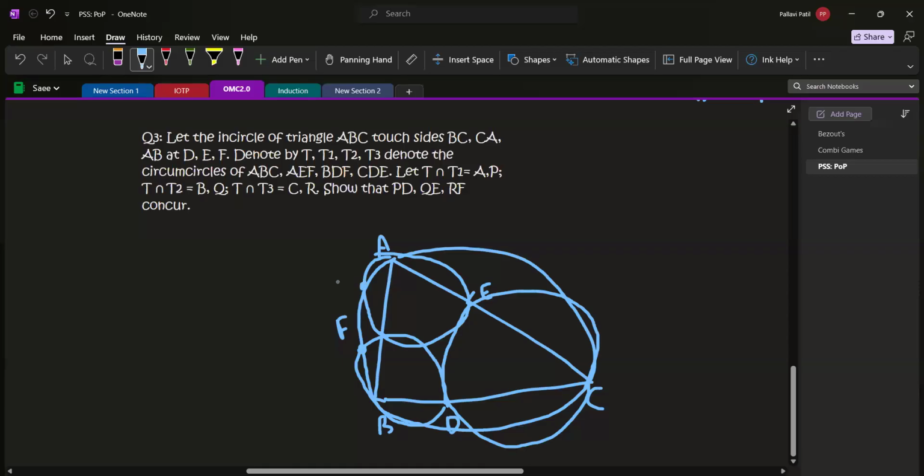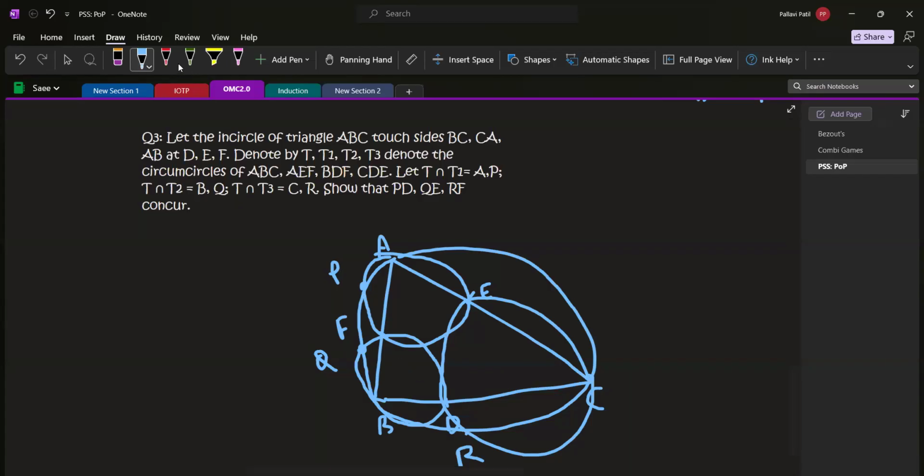Call the points P, Q. Okay, this is such a bad diagram because over here my circle is intersecting the other circle at three points. Let's try to fix that. Yeah, maybe something like this. Not bad. Okay, R. And now we want to show PD, QE, RF concur.